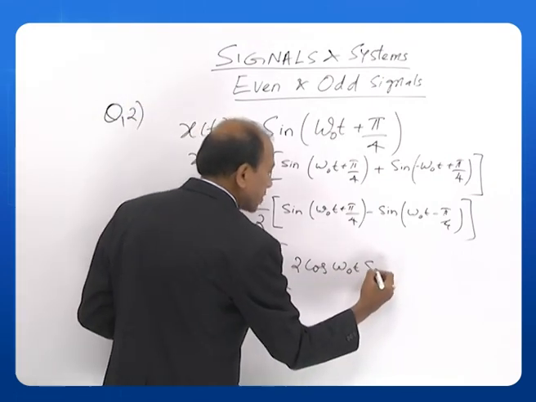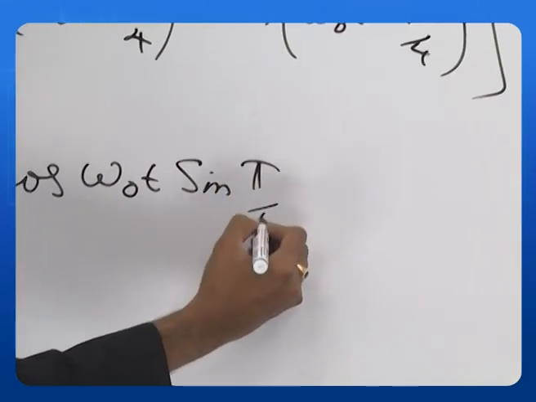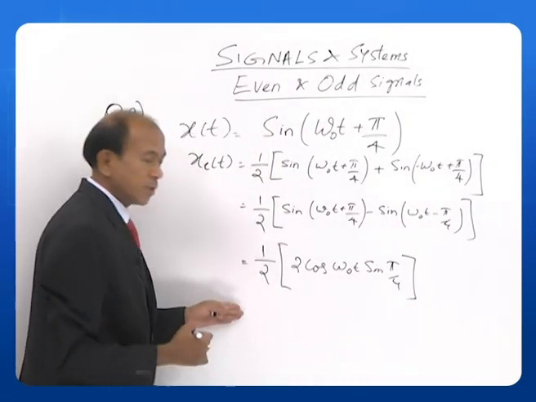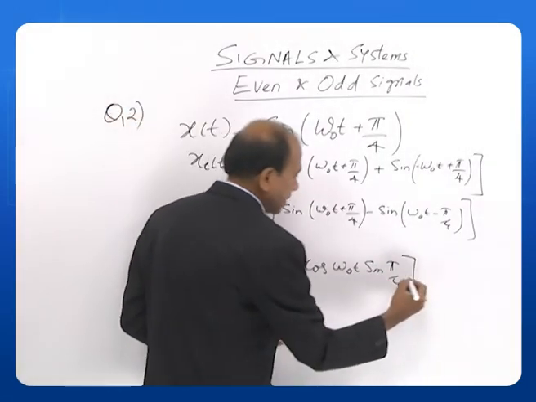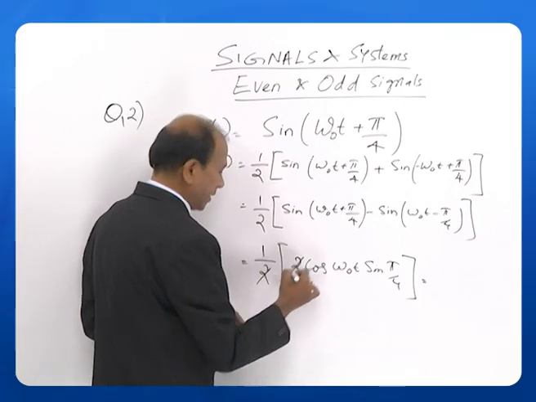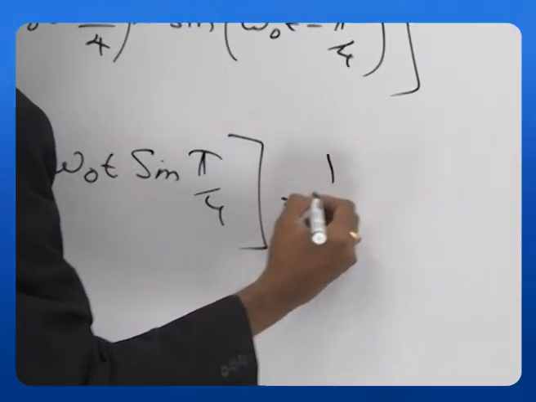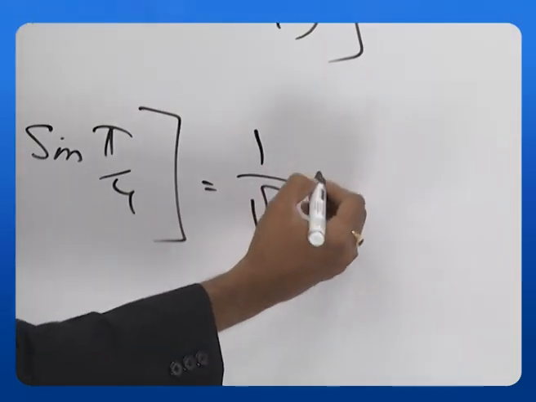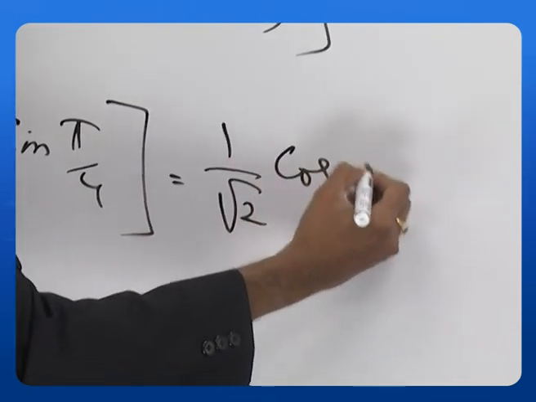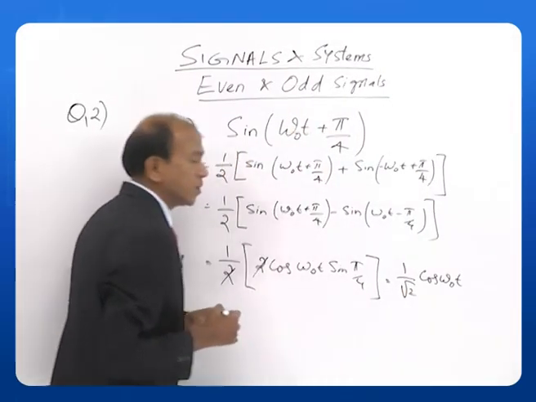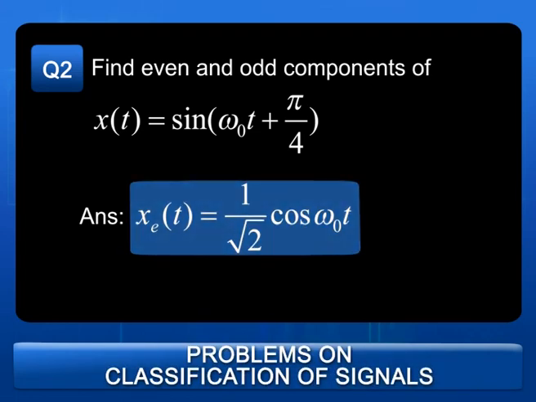So, this will be equal to sin pi by 4. So, this is equal to how much? This is equal to 2 get cancelled. So, this will be 1 by root 2 cos omega naught t. So, this is the even component for the given signal.